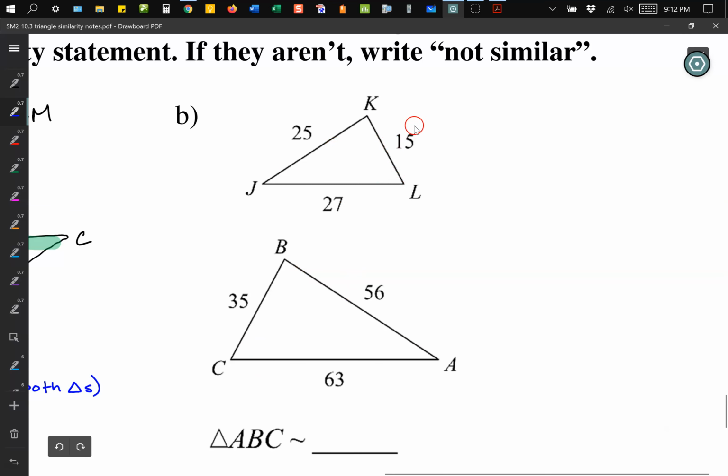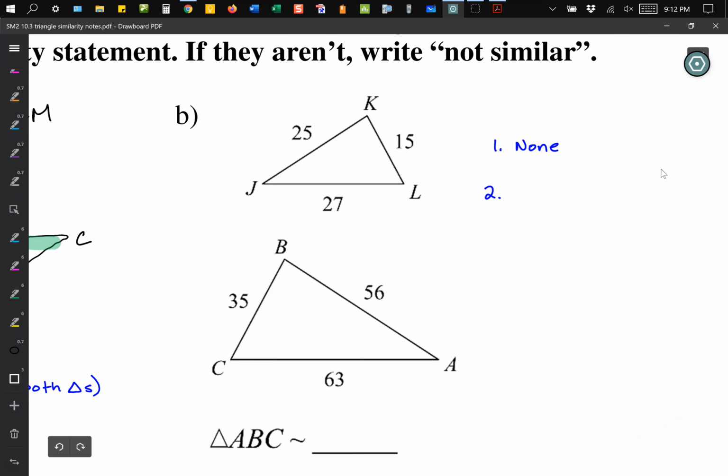This must be side, side, side. All of these numbers out here are side lengths. So I don't know anything about the angle measurements. So I'm going to test the side lengths. So let's start with shortest over shortest.